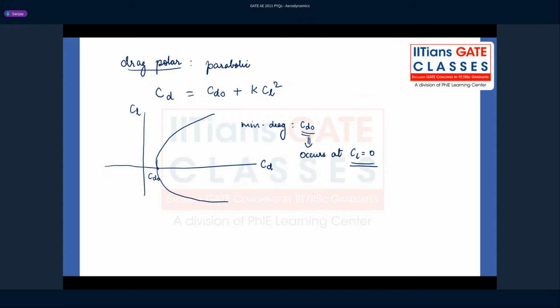At 0 lift, your drag is going to be minimum, and that minimum value is CD naught, the 0 lift drag coefficient. You can see the drag polar is symmetric about the x-axis, which is the CD axis here. So this type of drag polar is usually found in a symmetric aerofoil.